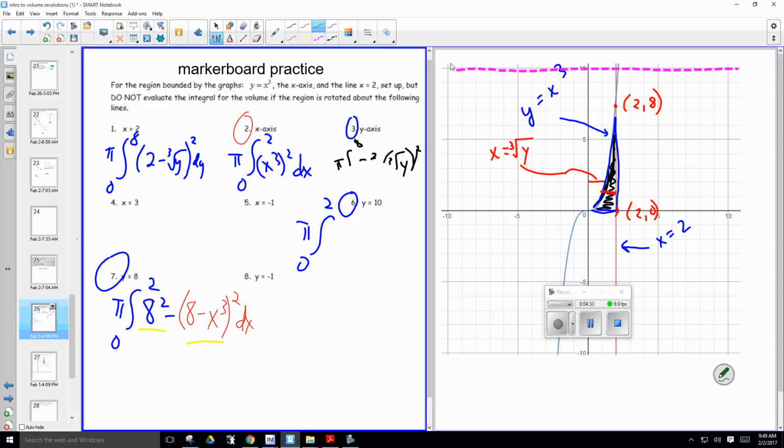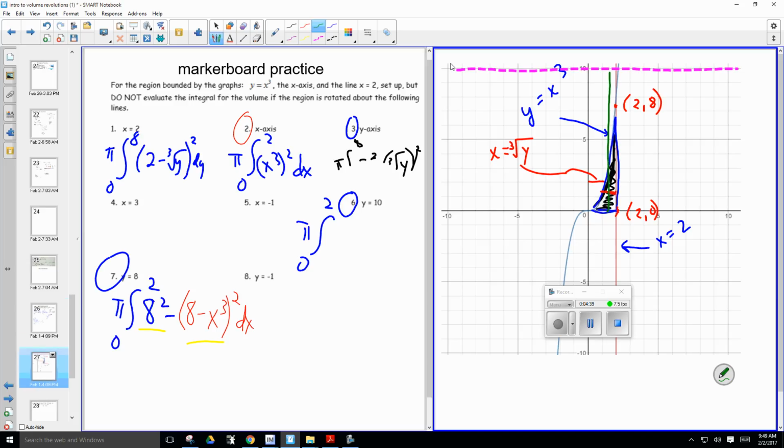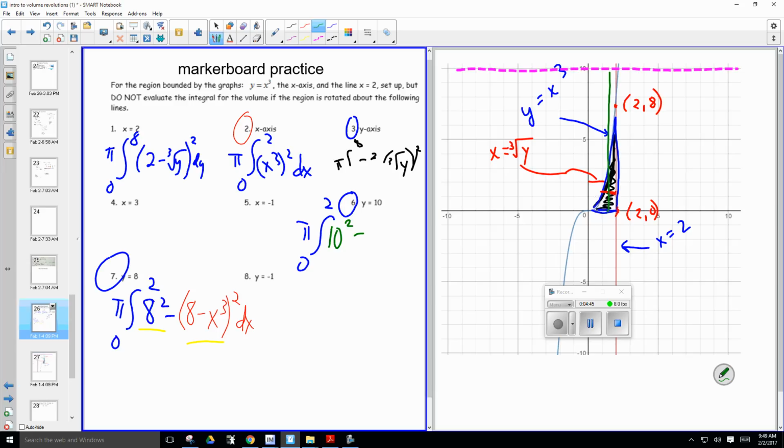Okay, so the big radius is just 10. The outside of the shape is a cylinder, so the big radius is 10. So 10 squared. The outside, if we're not cutting this out, is 10, no matter what.